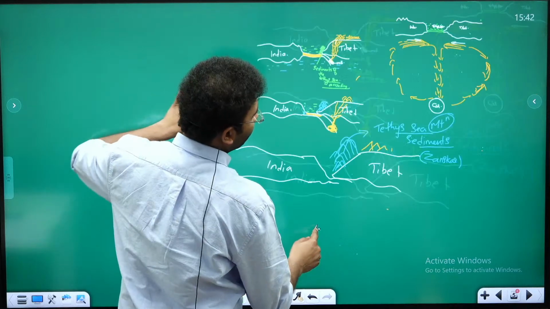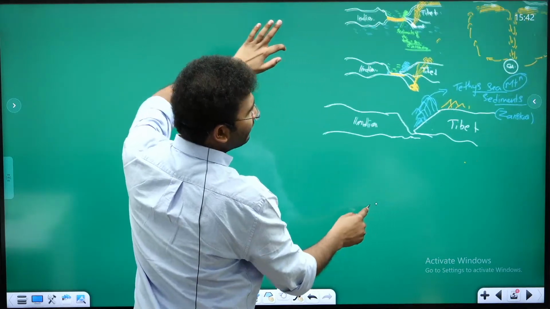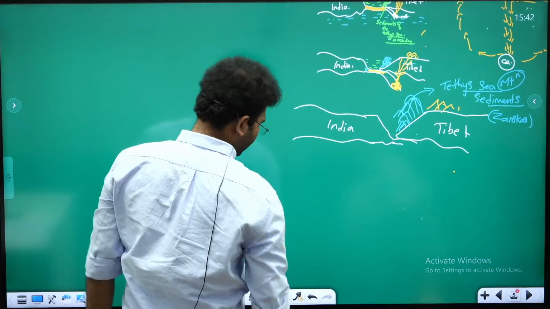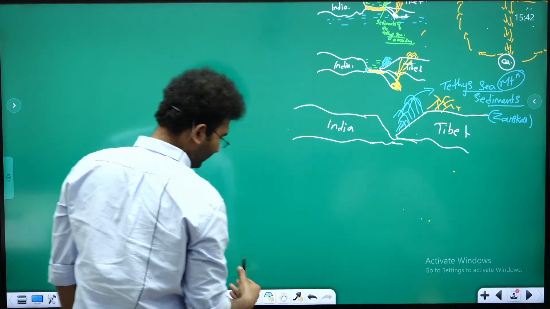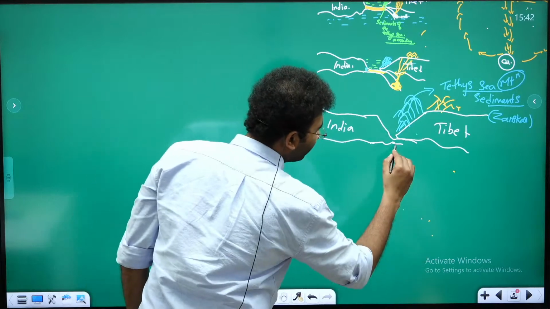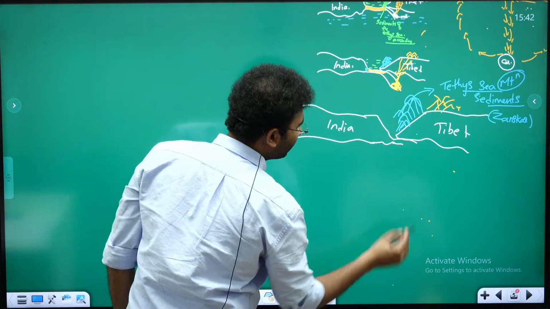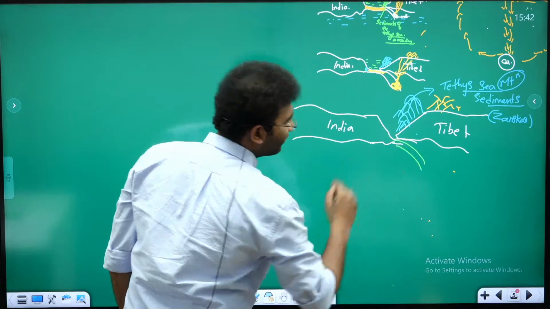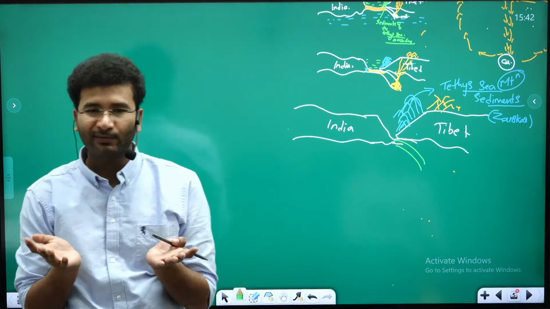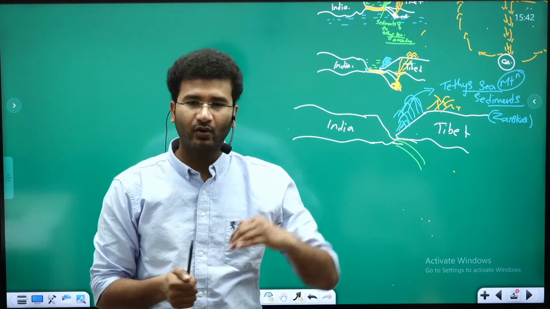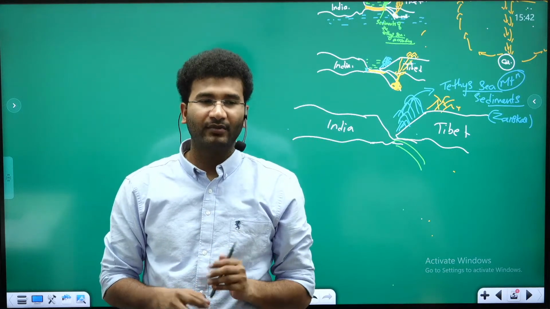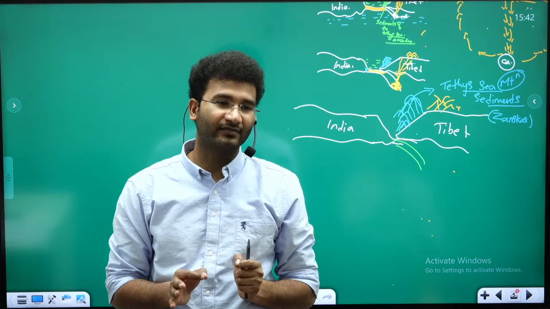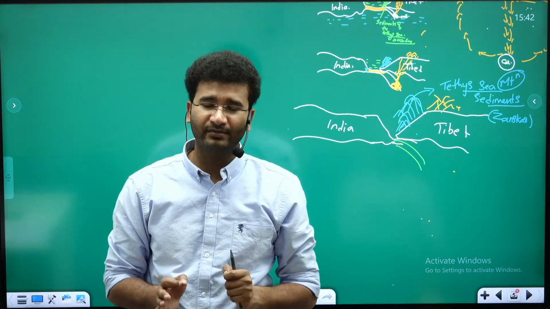Now in the further time period, the first formation of volcanic material is already there, but here you need to understand what happened to the oceanic plate which was present between the India and the Tibetan plate. The plate has already sunk into the mantle, but it is not completely melted.